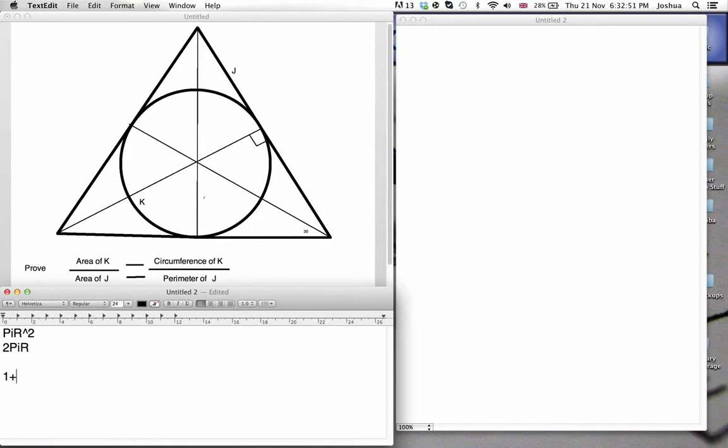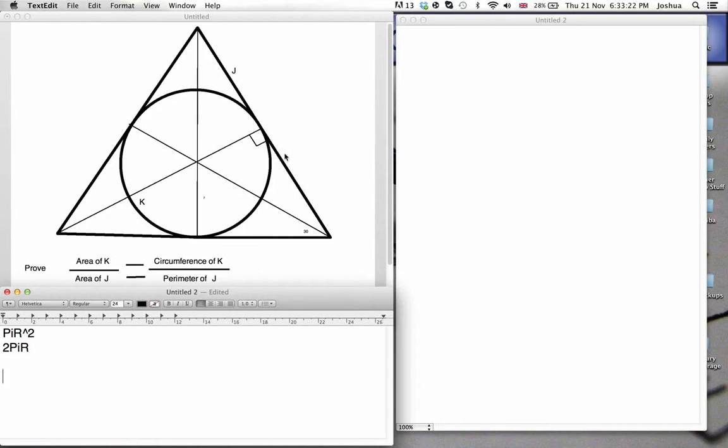So 1 squared plus x squared equals 2 squared, because we know that length is 2. Then we can cancel it out to 1 plus x squared is equal to 4. X squared must equal 3, so therefore x is equal to the square root of 3. You remember that this measurement is equal to the square root of 3.